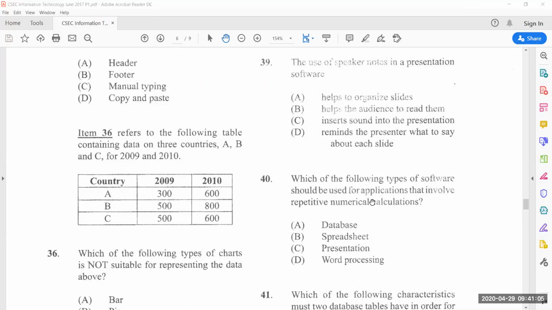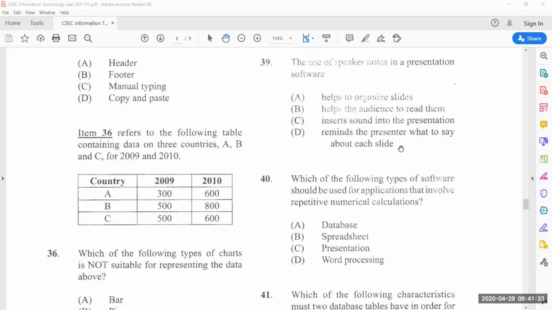No, it's not that. What the speaker notes does, it actually is an area within your presentation or the slides that you could display to add additional information for the speaker. So it helps the presenter or reminds the presenter what to say about each slide.